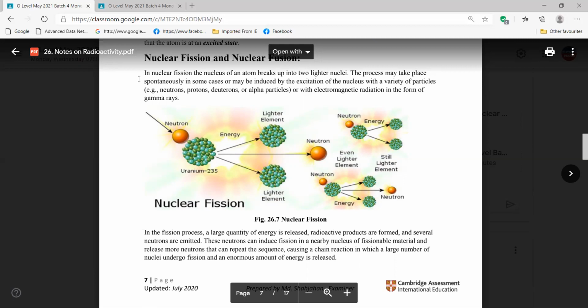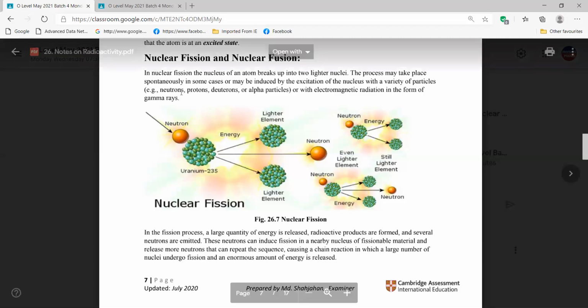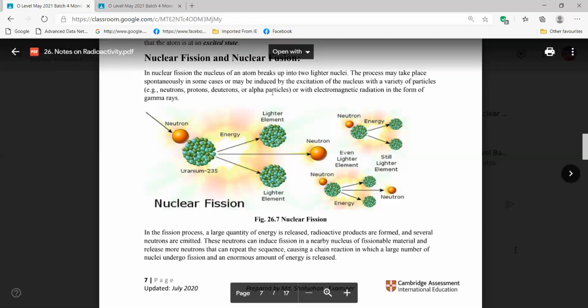So what is deuteron? You see, we have neutrons, protons, deuterons, or alpha particles.